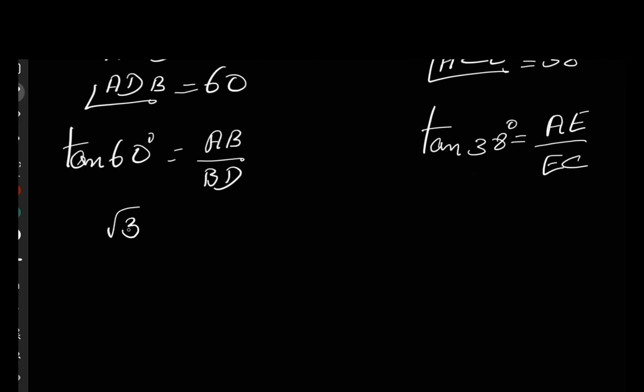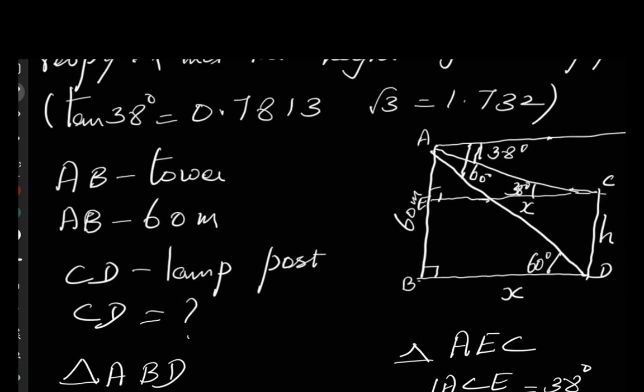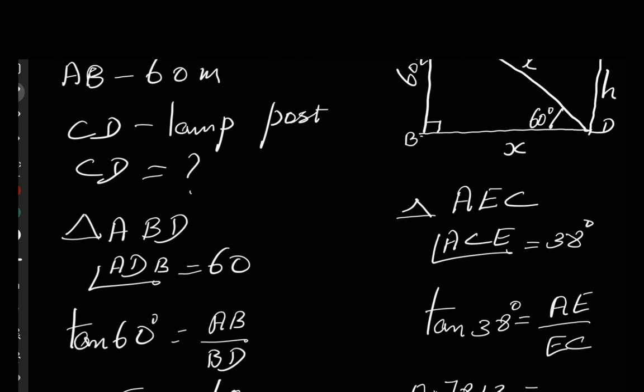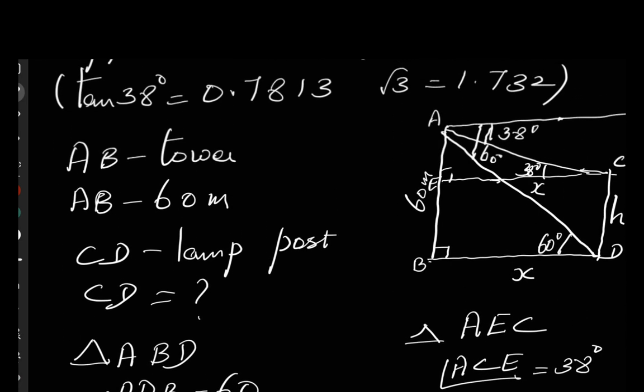So tan 60 is √3 and height of the tower AB is 60 and let me take this as X. Tan 38 degree, the value is given for you, 0.7813 is equal to AE, we don't know.